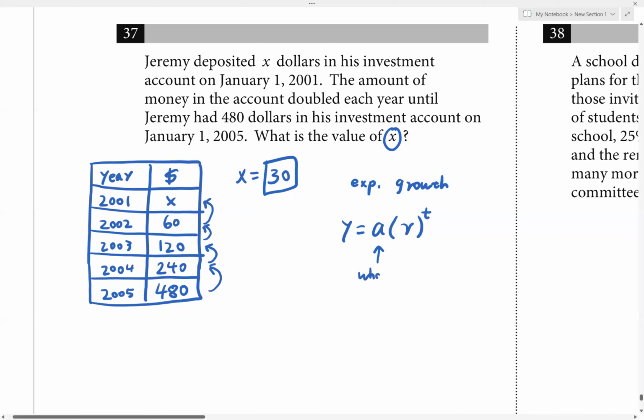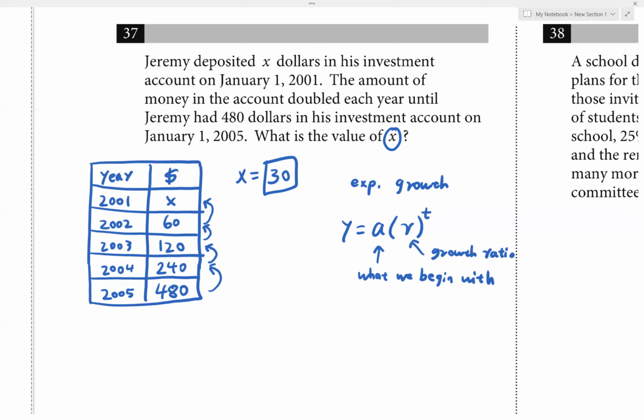And the r value is the growth ratio, the number that we multiply from one year to the next. We already said the r value in this case, since it doubles, will be 2.